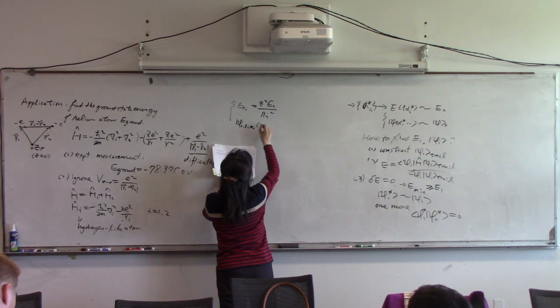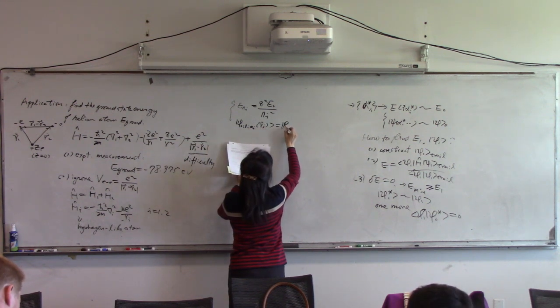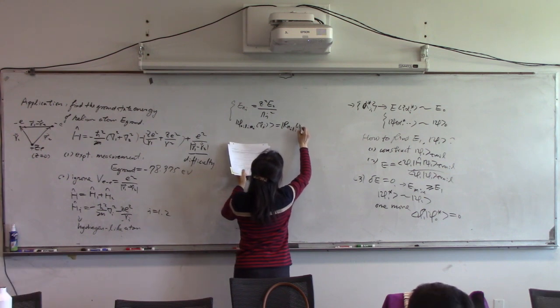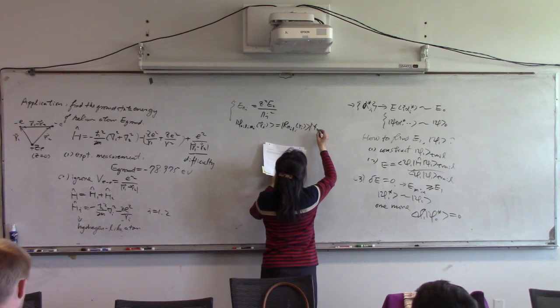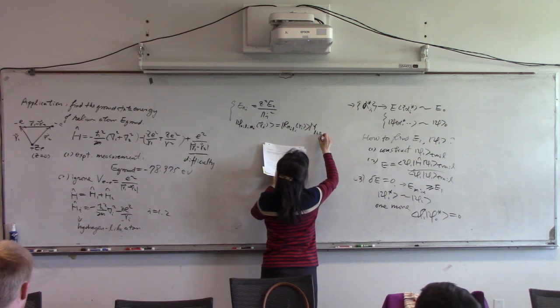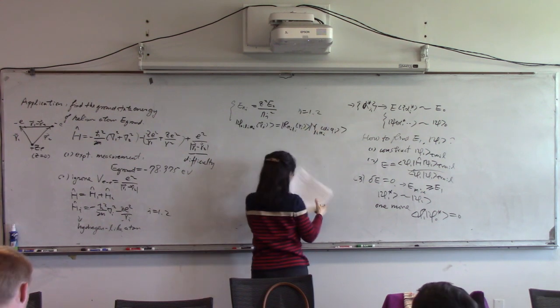For the i-th particle, the wave function is the radial part R n_i l_i of r_i, multiplied with the angular part, the spherical harmonic Y l_i m_i, with i from 1 to 2.